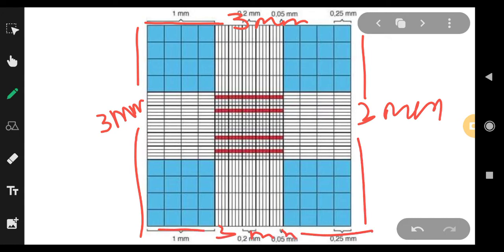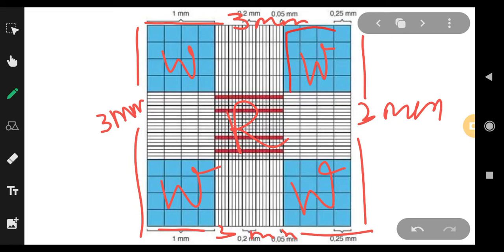Now how this hemocytometer is used is that these blue ones are used, I am writing W there, because those sections are used for counting the WBCs, and this center one is used for counting RBCs. Now you see, where we count WBCs, this whole thing is 3 mm.